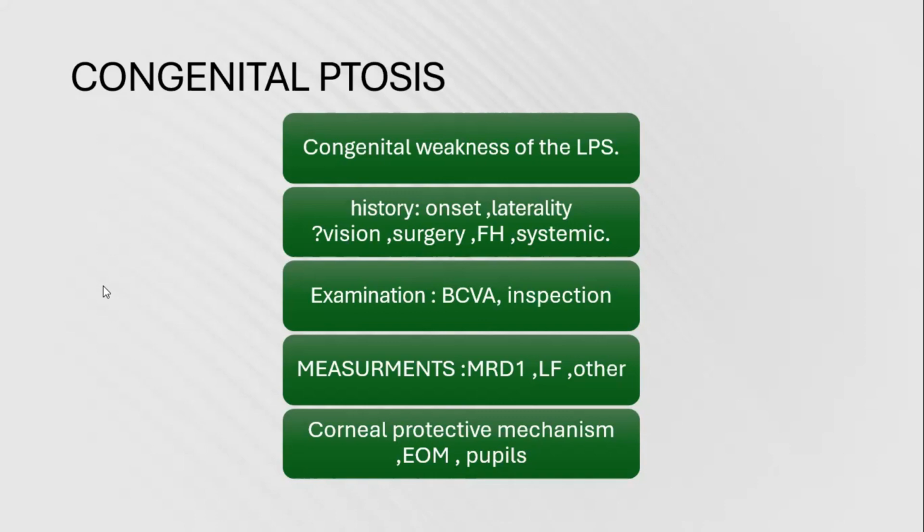Also inspection of any scar of previous surgery, any head tilt or chin up position. Measurements, most important MRD1, margin reflex distance 1, levator function, other. Also, most important, corneal protective mechanism, extraocular movement, pupils.